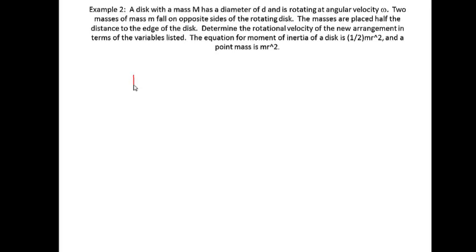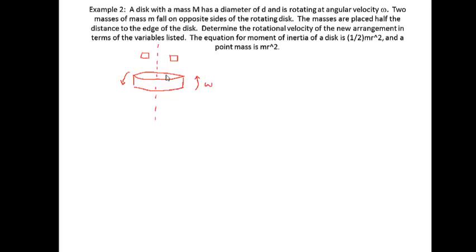Okay, so the setup: we have this rotating disk. I'll try to draw this here as my disk, and these masses we'll just have above. The axis of rotation of the disk is right there, and it's spinning around here with omega velocity.